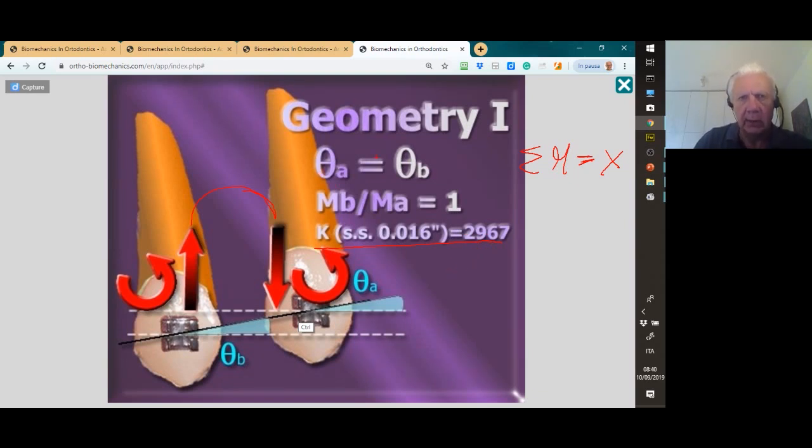Geometry 1 is when the two angles are equal, so it's characterized by the ratio between the two angles, which is 1. When you have this condition of geometry 1, you always have also this ratio between the moments. So the ratio between the moments also depends on the geometry. We have two equal moments on the two sides, and we have forces to equilibrate them. Okay?